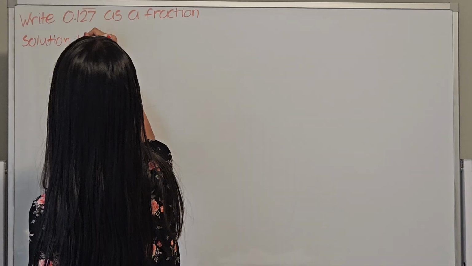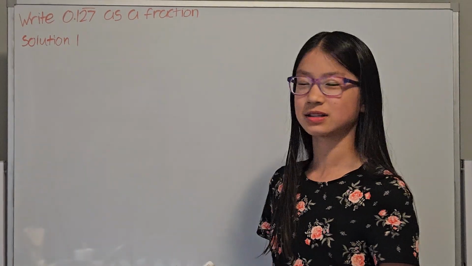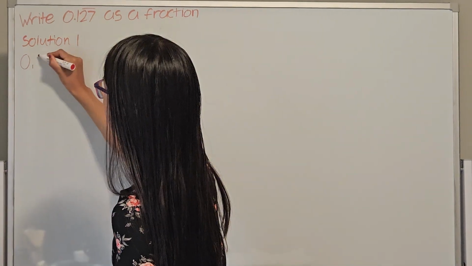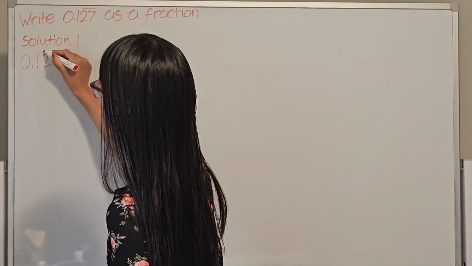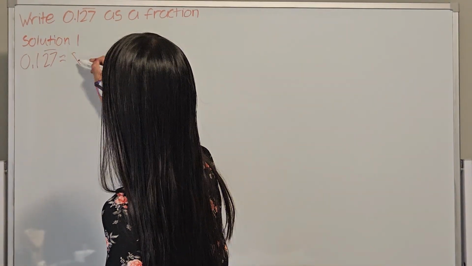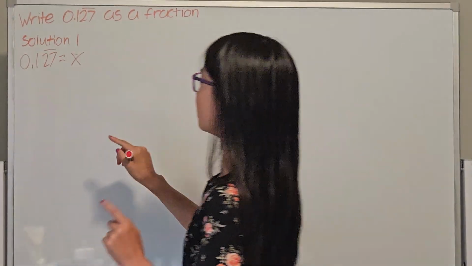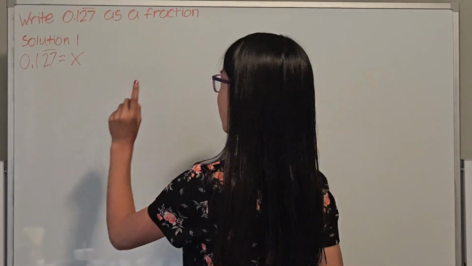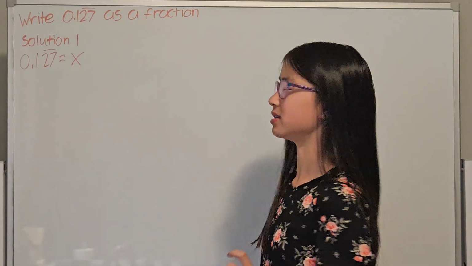Solution 1. For this, we are going to pretend that 0.127 continuing equals x. So that equals x, and then we are going to times x by 100.